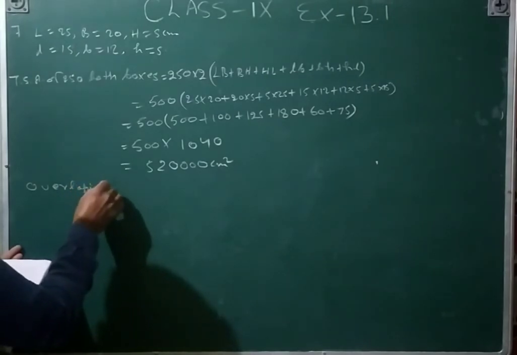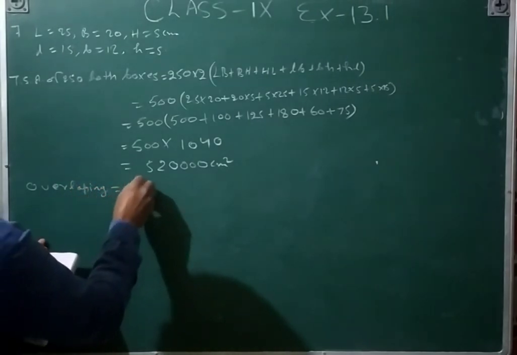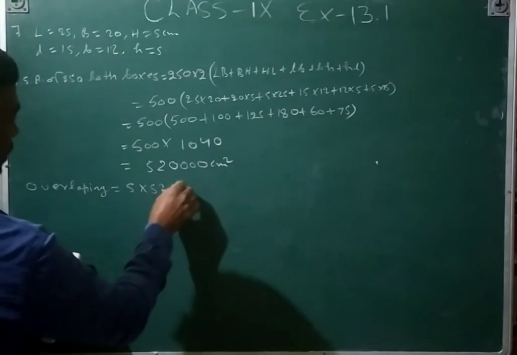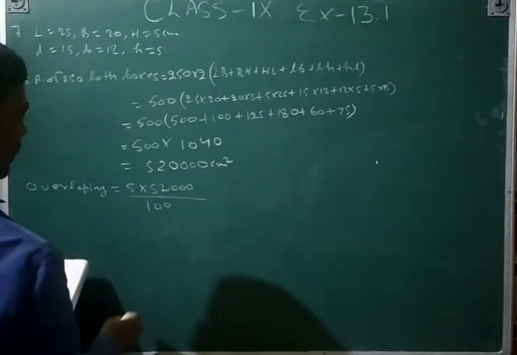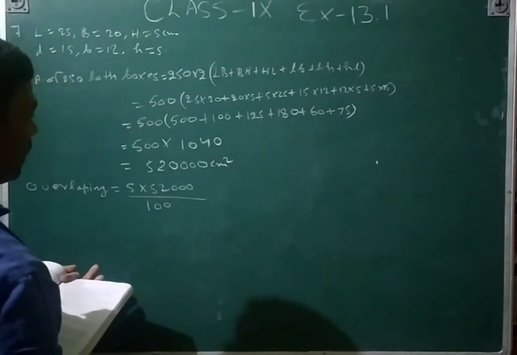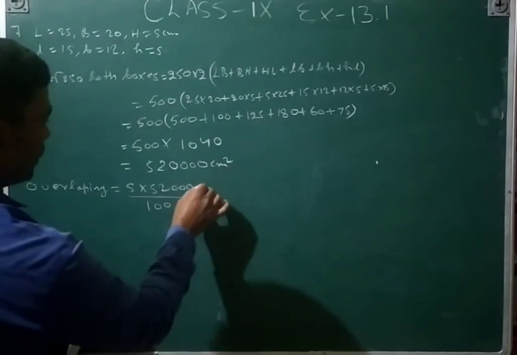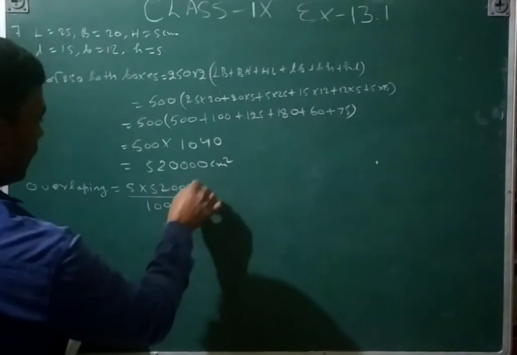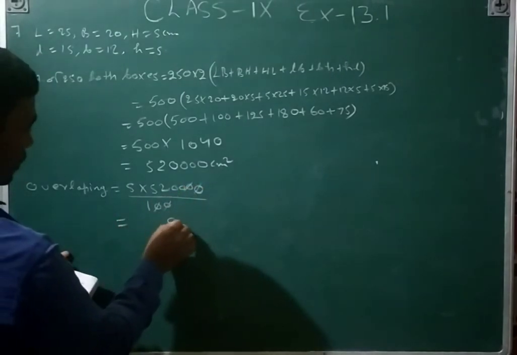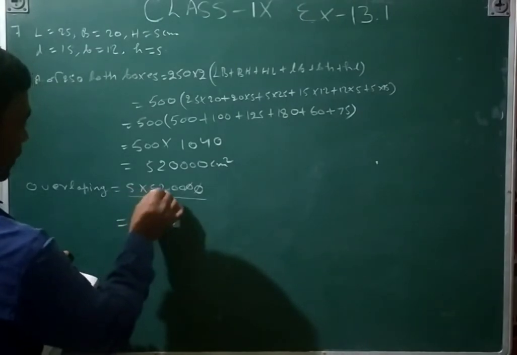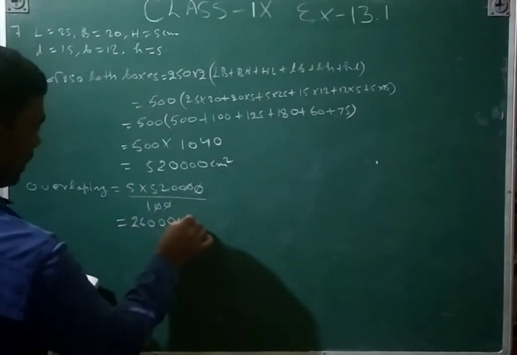And then 5% overlapping also is there. Overlapping is equal to 5 into 52000 upon 100, 1 2 3 1 2 3, one more 0 is there, 1 2 1 2 0 has cancelled, so that is 0 0 5 2 are 10 5 2 are 25 26 centimeter square.